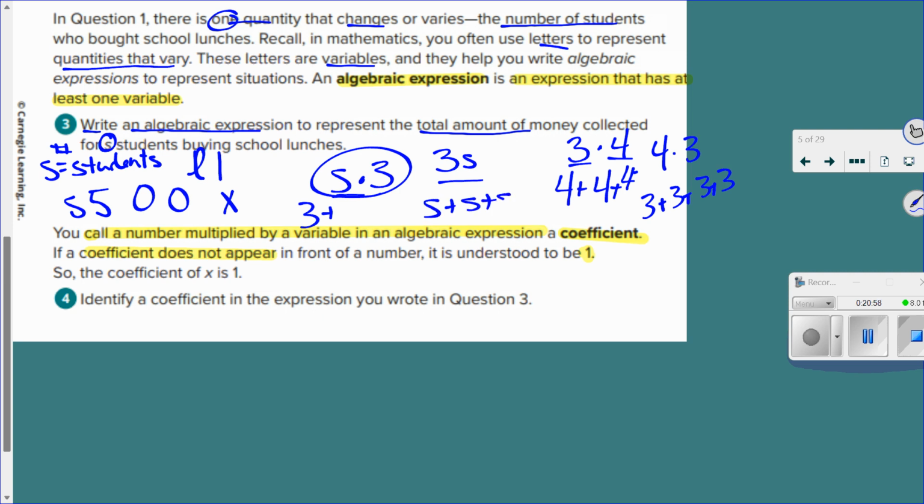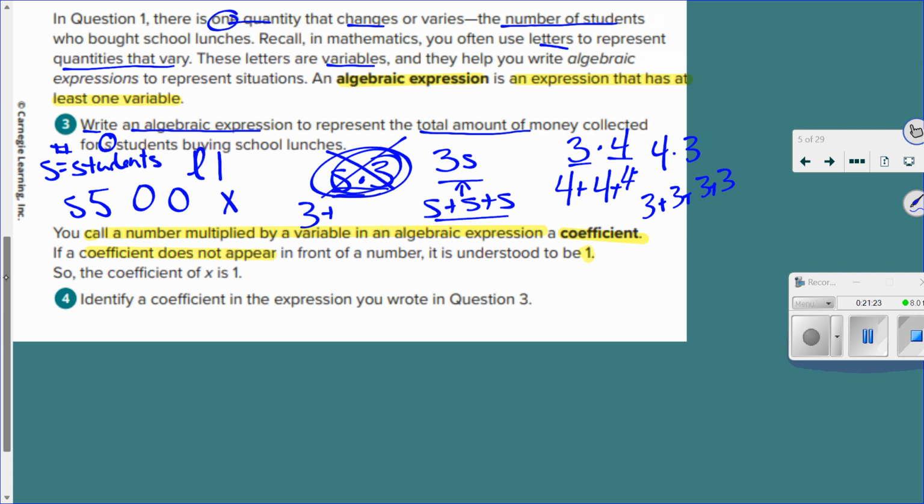So can I evaluate it? I don't know what S is, so no. But can I model it? Yes. Can I write it this way? No, it is not okay. That is not mathematically acceptable, guys. That's the whole idea behind this coefficient.